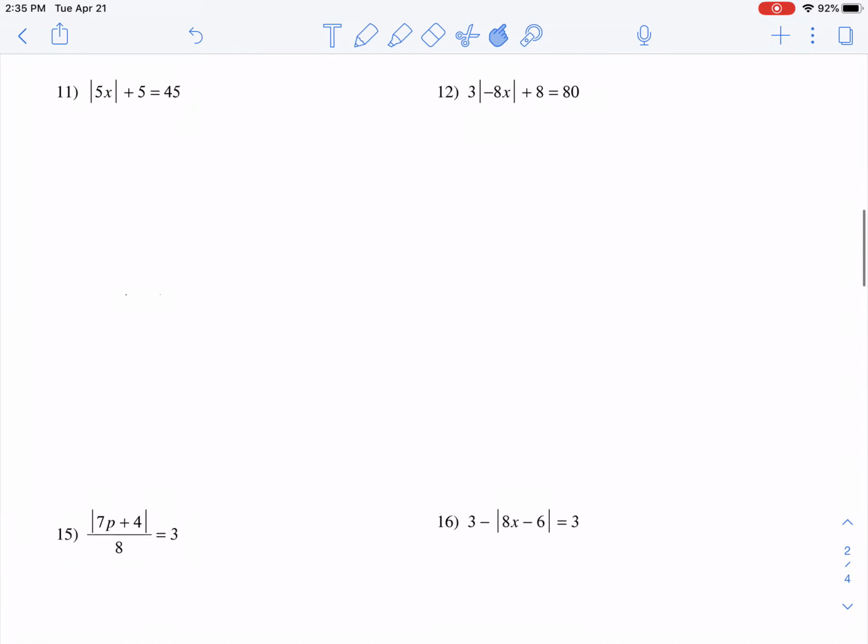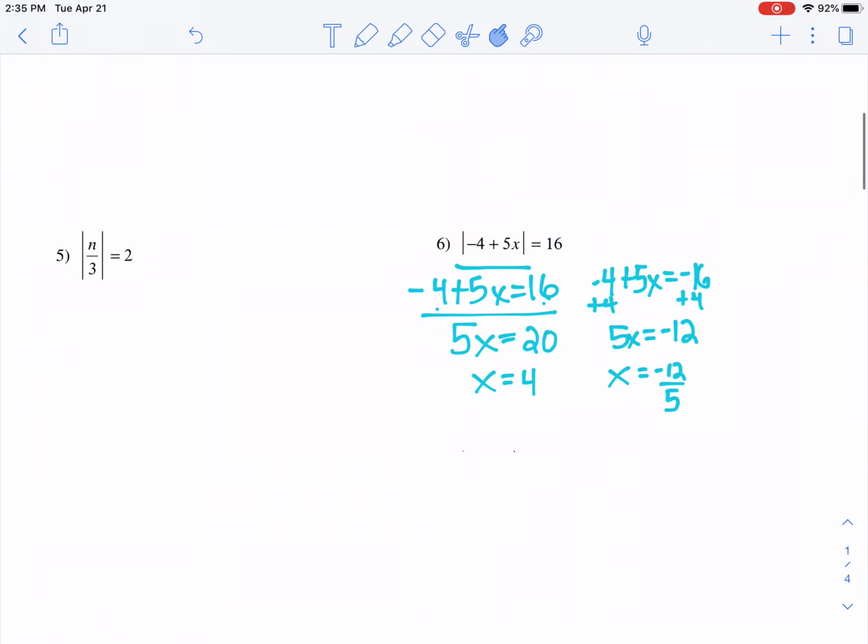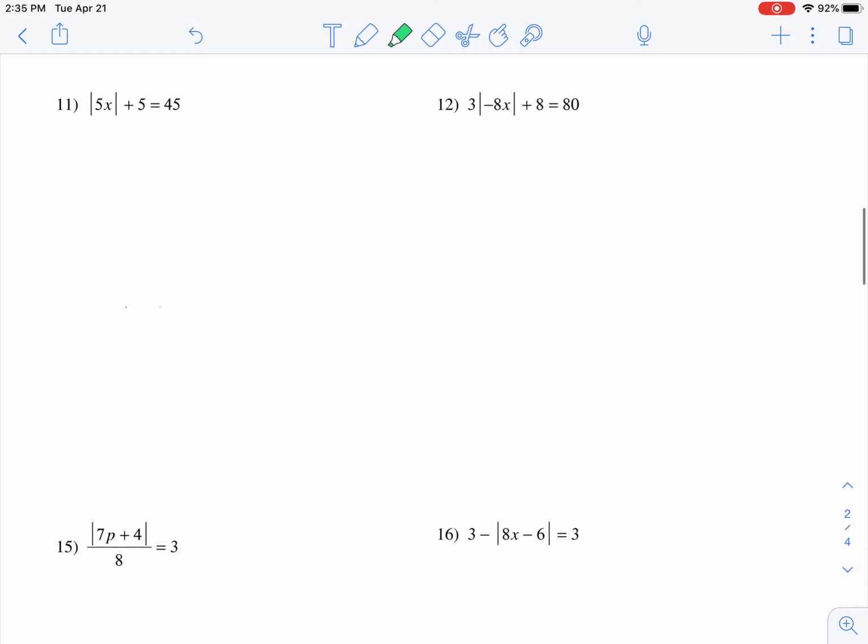Remember above, everything that was in the absolute value bars was the only thing on one side of the equation. Everything on the left side of this equation is inside those absolute value bars. Down here, that's not the case. This is the part that has two solutions.